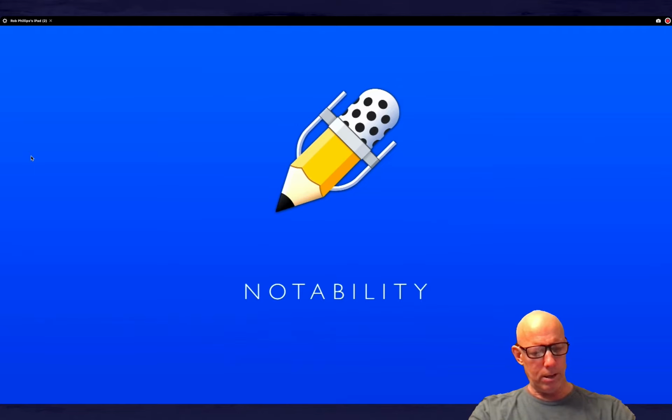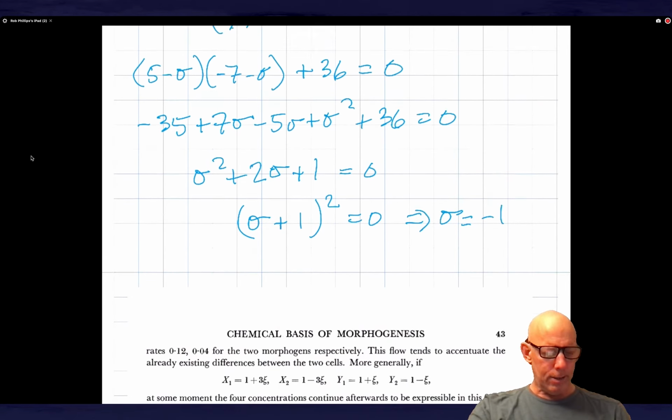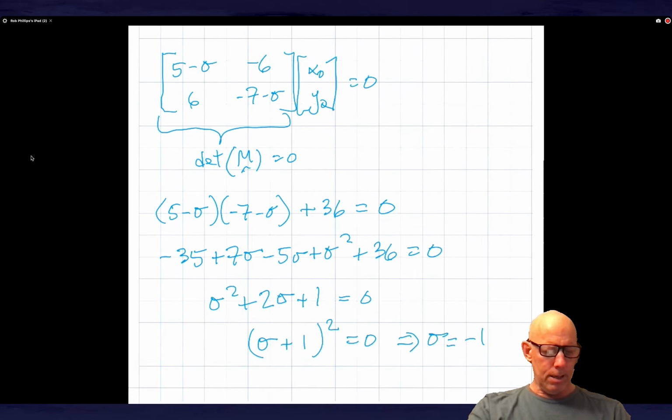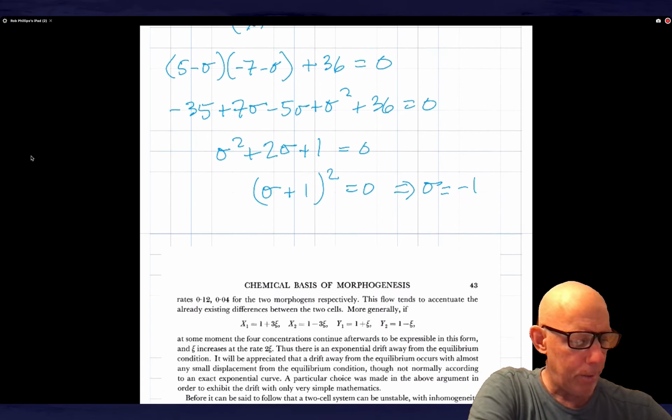Yeah, this perturbation decays to 0. Okay, I just wanted to confirm I didn't make any mistakes. So in this case, what we found is that the system is stable against this perturbation.